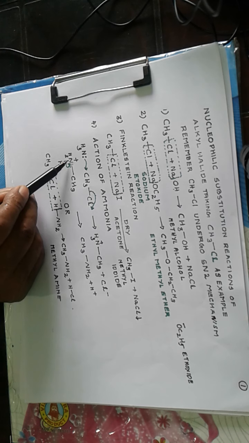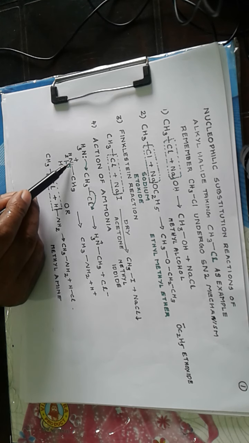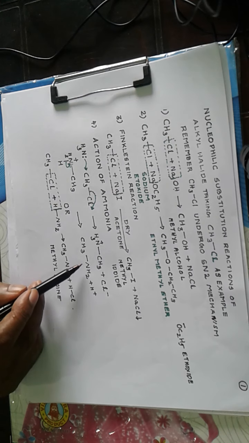Then this NH3 positive group will remove H as H positive, so that the bonding pair of electrons goes to nitrogen, which is already having a positive charge. When nitrogen gets the share of the electrons of hydrogen, it neutralizes its positive charge, giving this compound, known as methylamine.